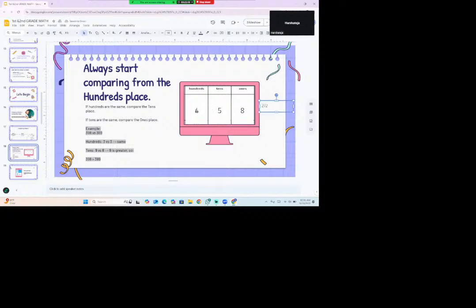So if we look at the hundreds place, 4 and 2. 4 is bigger than 2. So 458 is a bigger number. Therefore, we would use this sign because we want the teeth to be towards the bigger number.